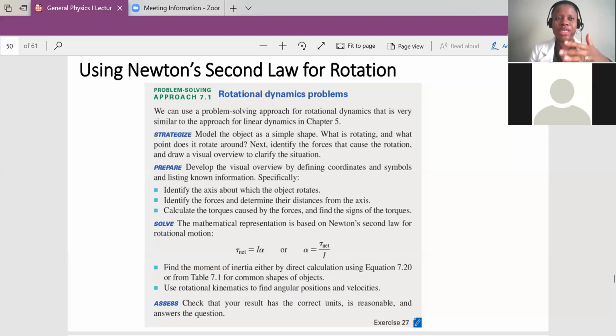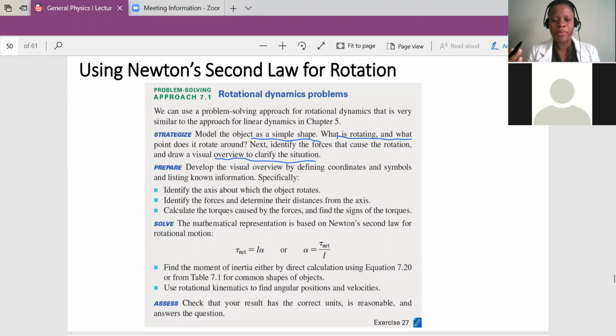In the other case, we said define the rigid body, the free body diagram. But in this case, you have to represent the rigid body like a shape. Make a simple shape, then identify the rotation. Where is the force acting? What's the distance from the pivot? So that you can clearly have an overview of what the situation is.